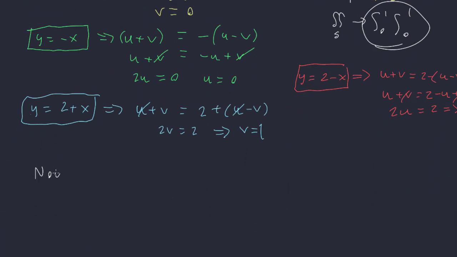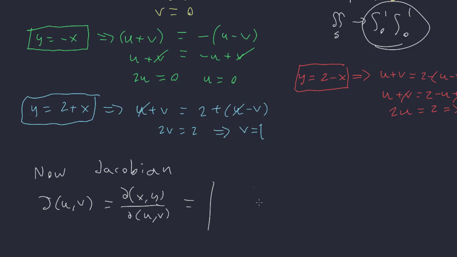Okay, so now, Jacobian. So J of uv, which I'll write again, partial of xy with respect to uv, it essentially just tells you how to set this up. And I want to specify here, the order you do this in doesn't really matter. You just need to stay consistent.